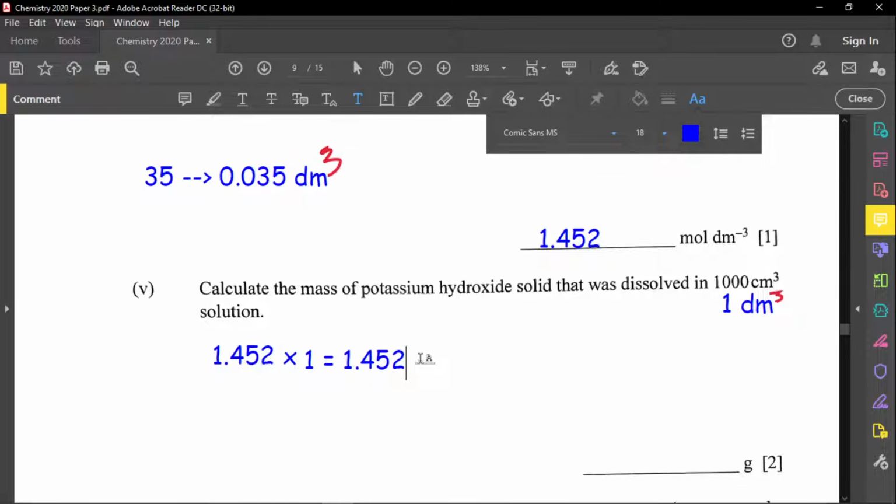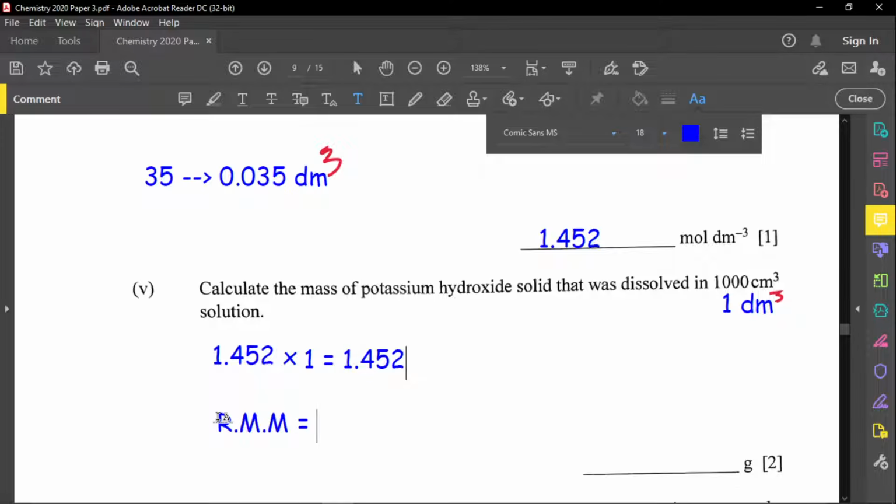All right, so let's think about the molar mass of potassium hydroxide. Let's quickly calculate that. Potassium is K, so that will be 39, plus oxygen, which is 16, plus 1. Let us put it right here real quick. So we're going to find the RMM, or the molar mass.